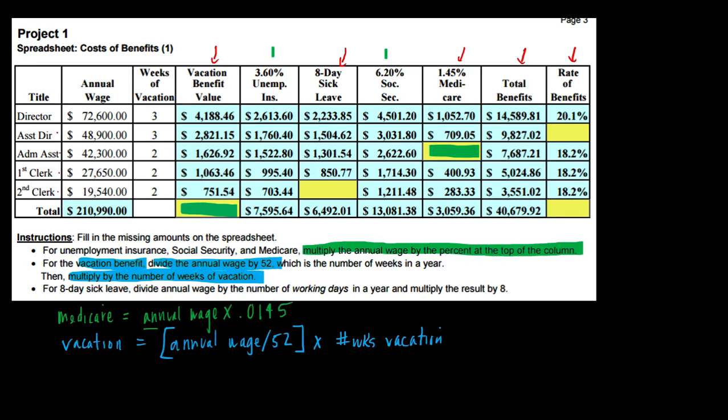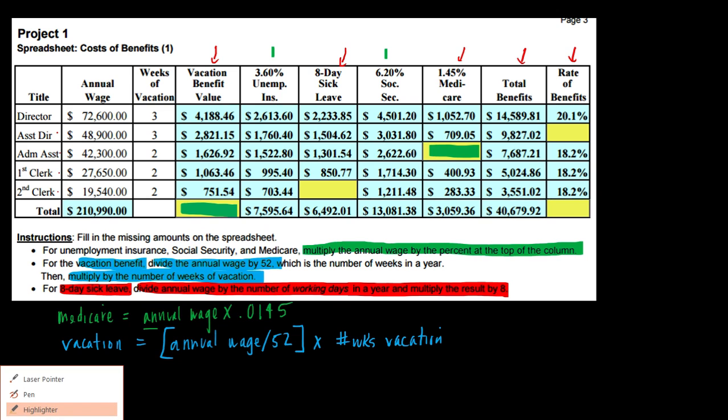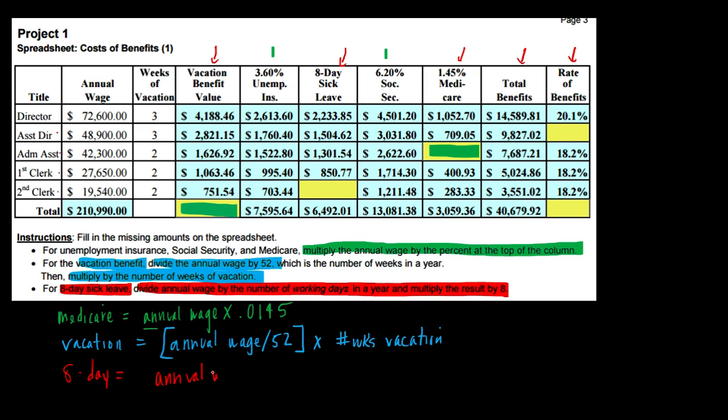Okay, let's keep going. Next we've got 8-day sick leave, and it says, for 8-day sick leave, divide annual wage by the number of working days in a year and multiply the result by 8. So once again we're working with annual wage.